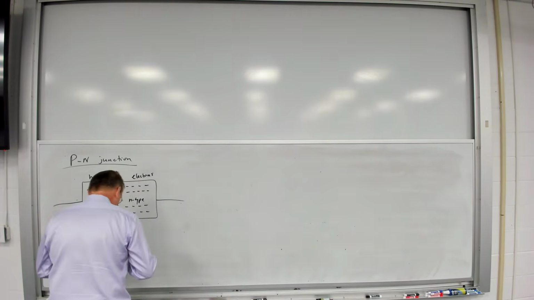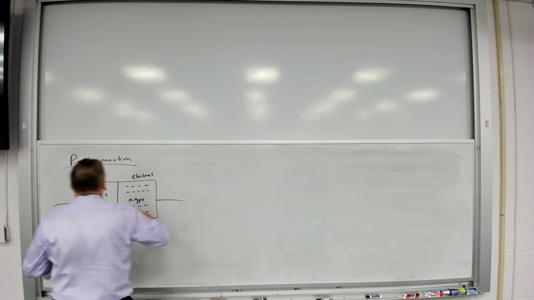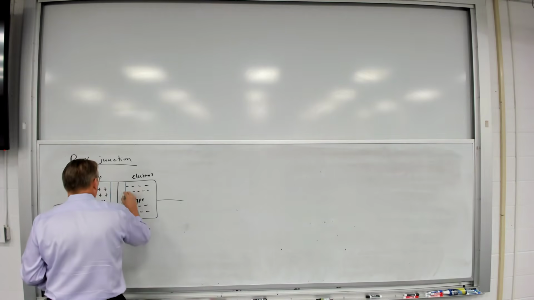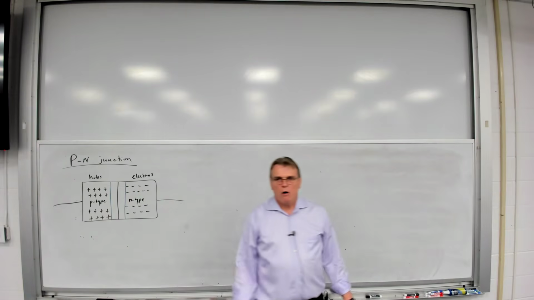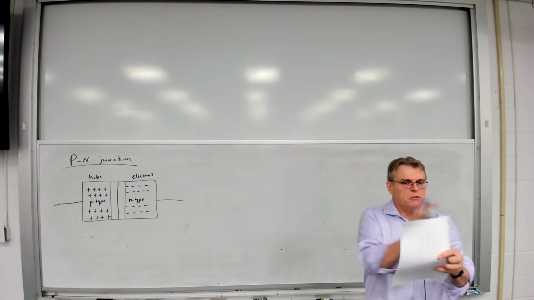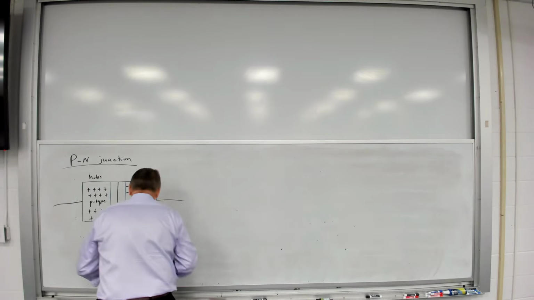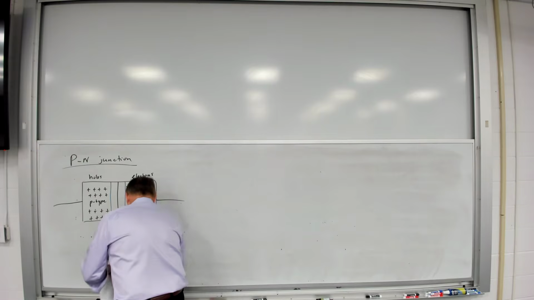So what's going to happen is this. There's going to be a region where holes and electrons are going to cross.